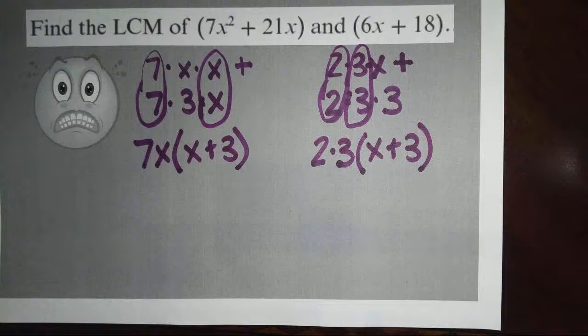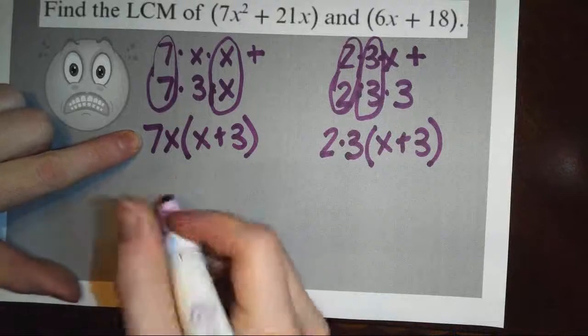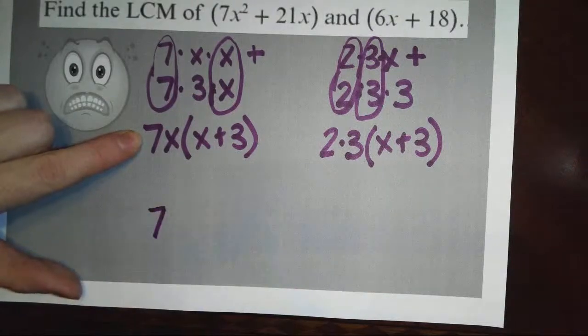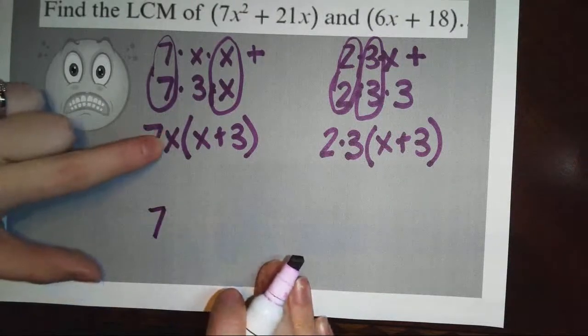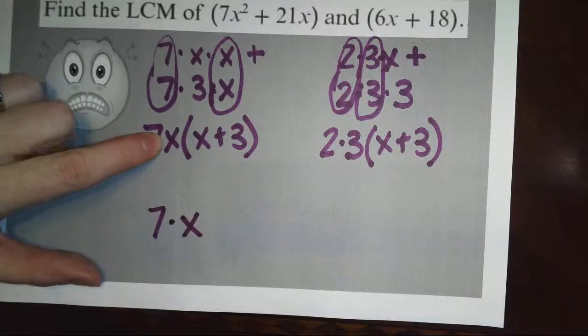Now, just like we did when it was just the numbers, we have to use every factor in our least common multiple. So it looks like 7 is a factor of this first one, so 7 will have to be in our least common multiple. X is a factor of the first one, so x will have to be in our least common multiple.